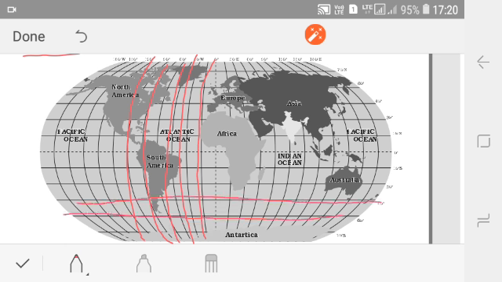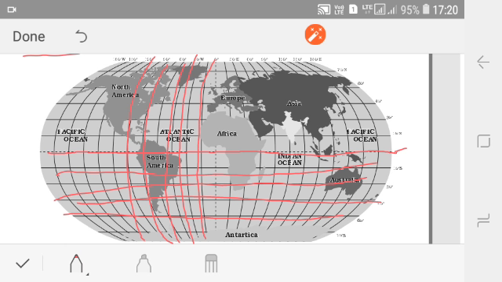Then see in the middle, the dotted line, this is the equator. Here it is 0 degree. This is the most important latitude, the equator, which divides the spherical shaped world into two parts.